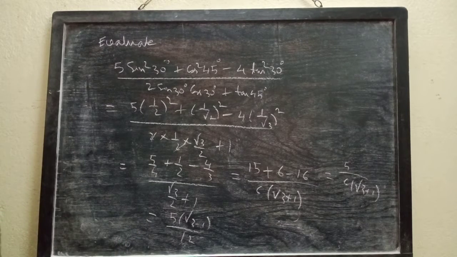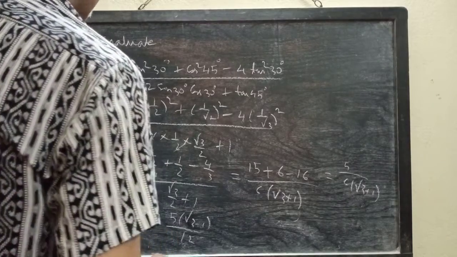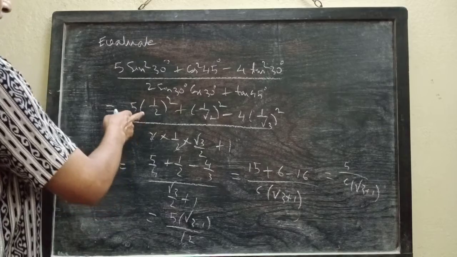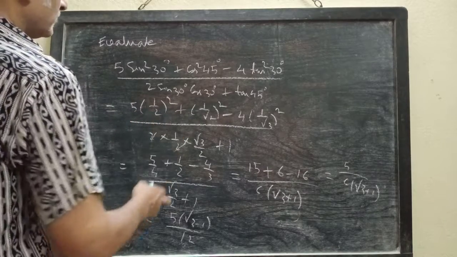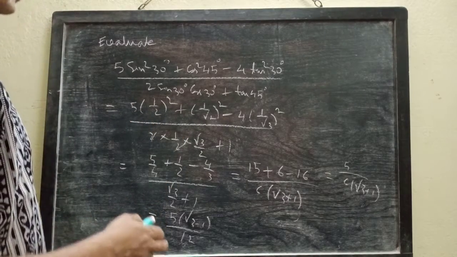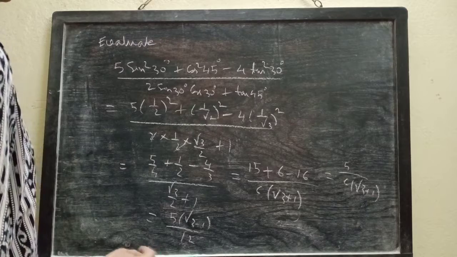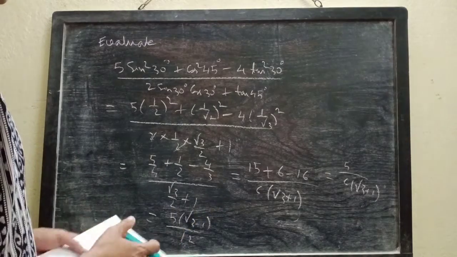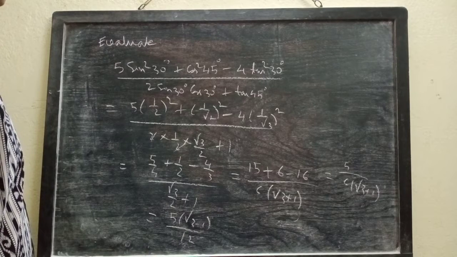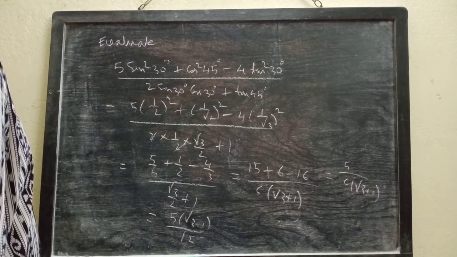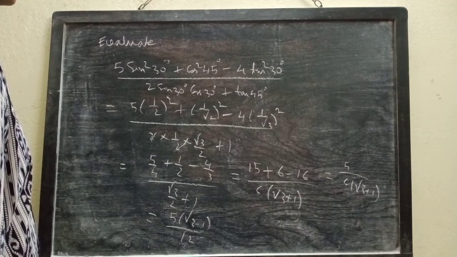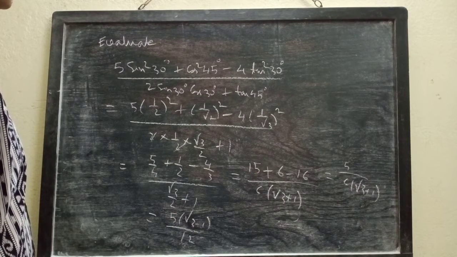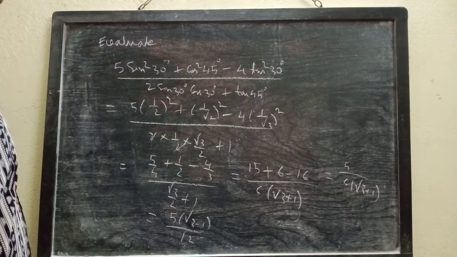There is some mistake because I have not got the answer given here. Let us check again. 5 into half square, 1 by root 2 square, whole square, 2 sin 30 cos 30, tan 45, 1, 5 by 4, 1 by 2, 4 by 3, 12.